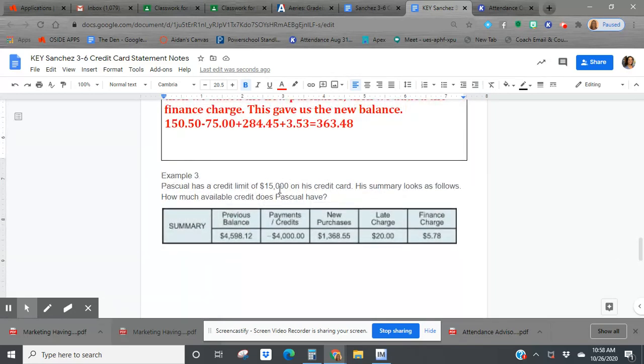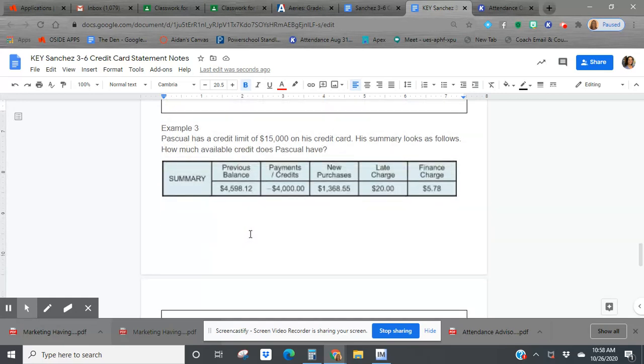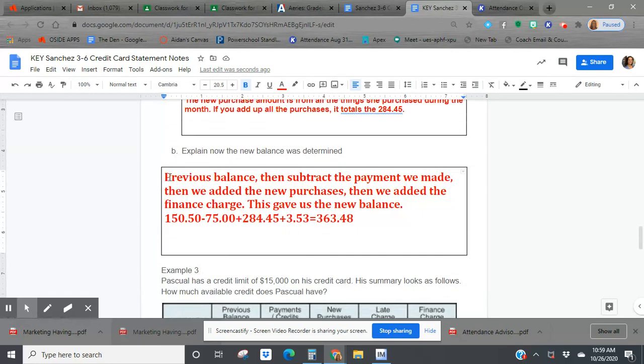Pasquale has a credit limit of $15,000 on his credit card. His summary looks like the following. How much available credit does he have? So if his previous balance was this, he made a payment of $4,000, he made these new purchases, and he has a late charge. We need to find out his new balance. So we're going to do these steps.